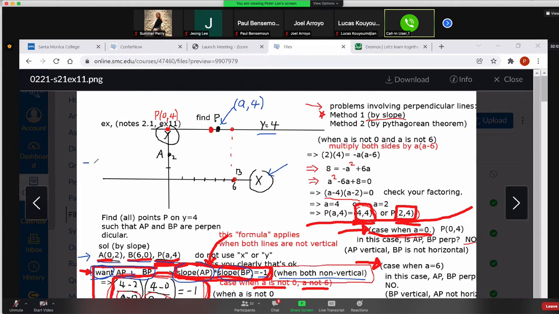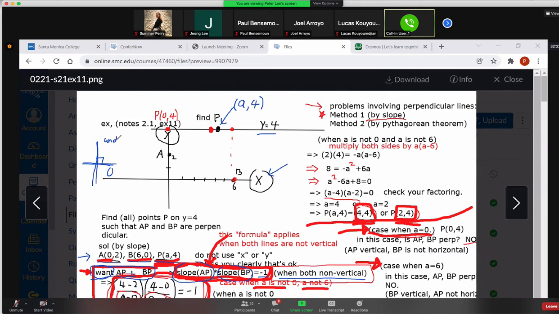You have to remember the horizontal line and the vertical line. Even though the product is not -1, see this vertical line here and the horizontal line, are the two lines perpendicular? Yes, they are. Is the product of the two slopes equal to -1? No. This one, the slope is 0, but this one, the slope is undefined.